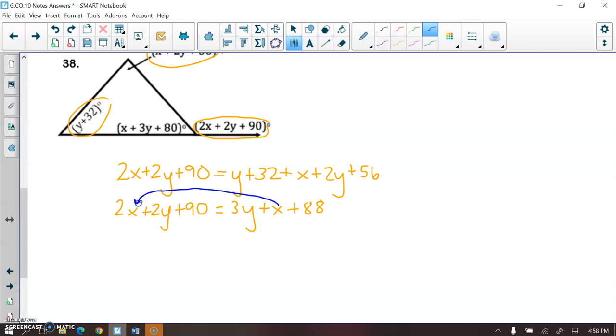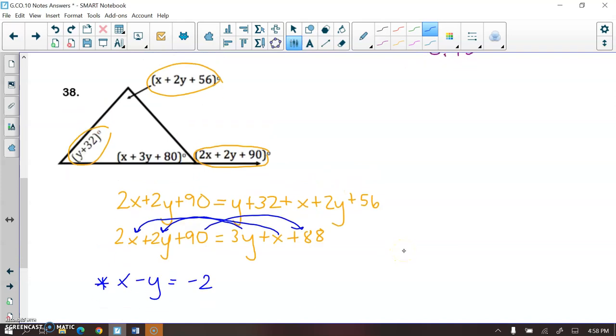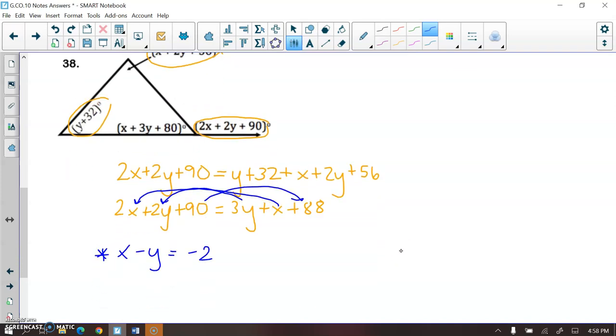So I'm going to subtract x over here. So I wind up with an x. I'm going to get this 3y over here. So I'm going to subtract 3y. So I wind up with a minus y. And I'm going to get my constant to the other side. And that's a -2. So I'm going to keep this in my back pocket because I'm going to use that in a little bit. But I need to set up another equation.